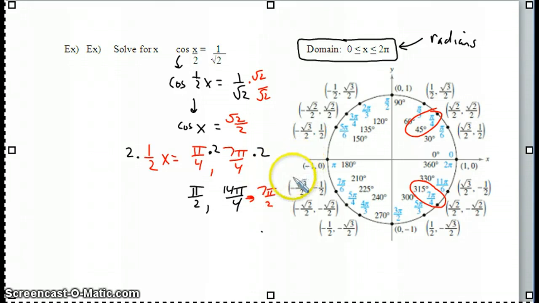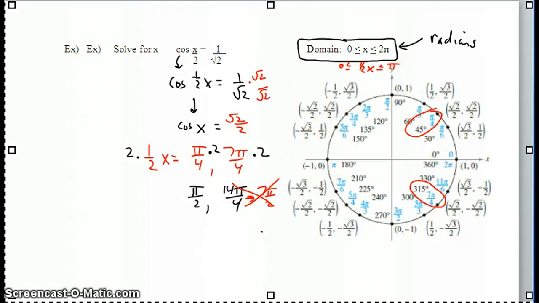Now here's the thing that I need to remember when I'm solving this: if my domain was between 0 and 2 pi for x, then my domain, when it's half x, is between 0 and pi. I have to take half of it. So I really only want to know angles that are in the first or second quadrant. Right away that tells me that this 7 pi over 2, I can eliminate as being a correct choice because it's not in my domain between 0 and pi.